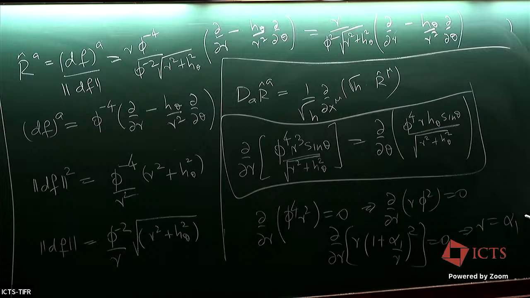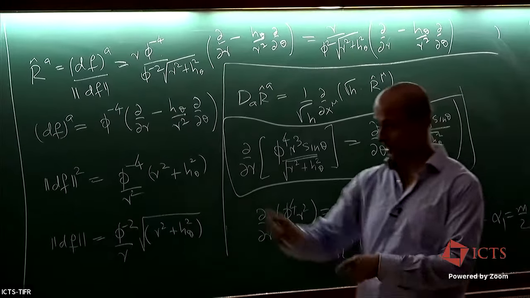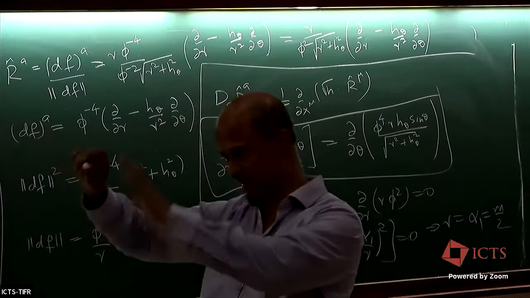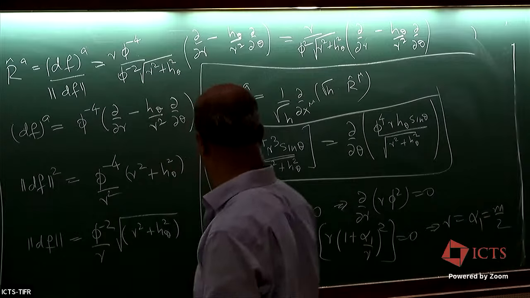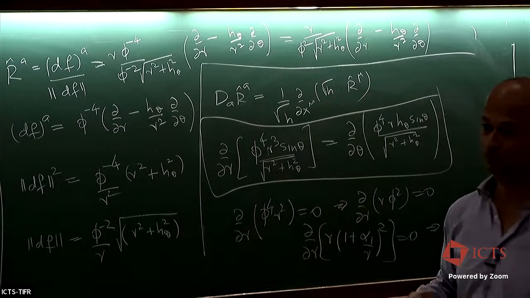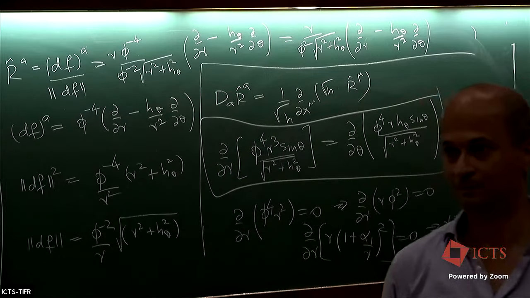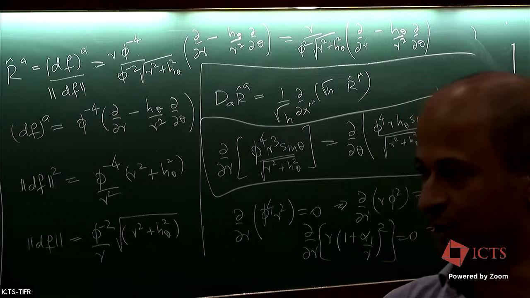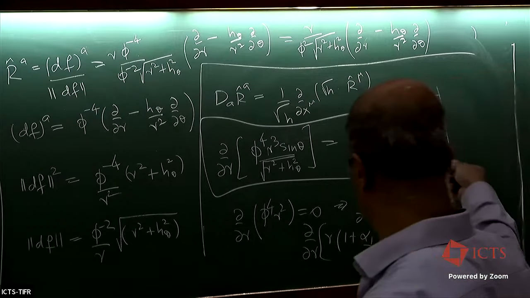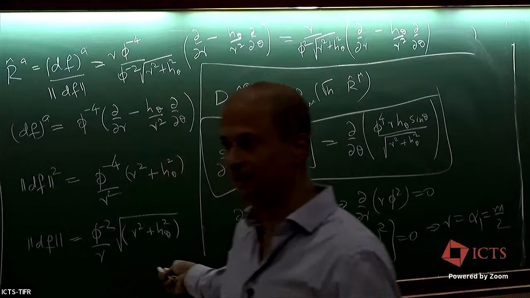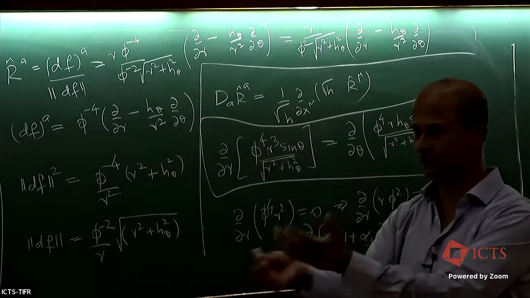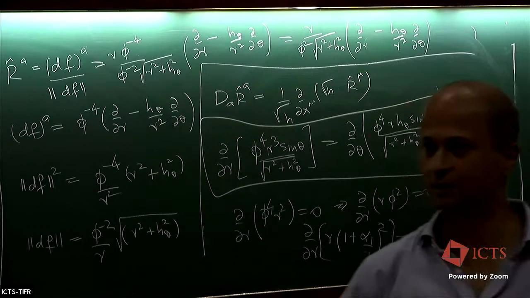And alpha 1 is m by 2. So in isotropic coordinates, the horizon, this apparent horizon, is at not 2m, but at m by 2. And with the coordinate transformation to the isotropic coordinates, then that goes back to 2m. But if you find the area of this horizon, it is the same as in the Schwarzschild case.